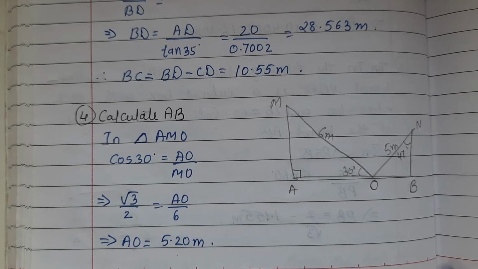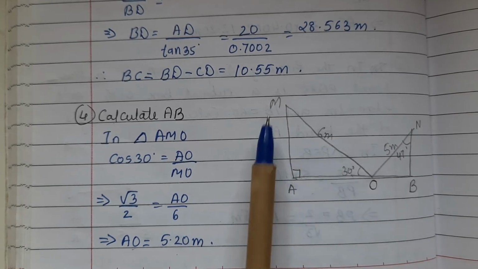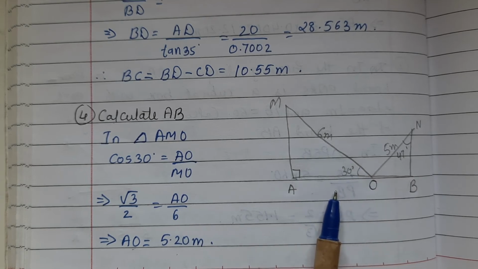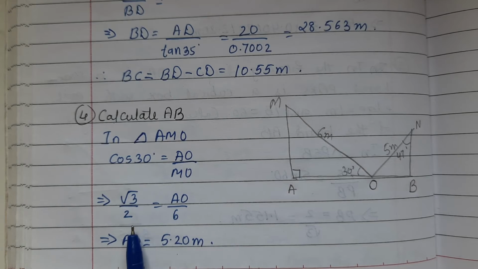Sum number 4, calculate AB. In triangle AMO, cos 30 degrees is AO upon MO. Cos 30 is root 3 upon 2 equal to AO upon MO, equal to 6. Cross multiply. AO is equal to 5.02 meters.